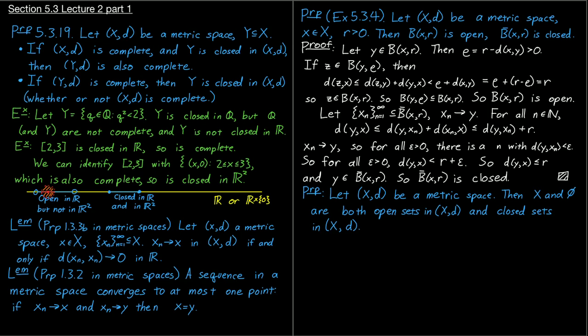And this is one of those things that's so simple it's really hard to explain. It's sort of like proving that a constant function is a function. So to prove that X is open, we're going to pick a point x in X. Then the ball centered at x of radius 1 (doesn't have to be 1, it can be your favorite positive number) is the set of all points y in X such that the distance from x to y is less than 1.